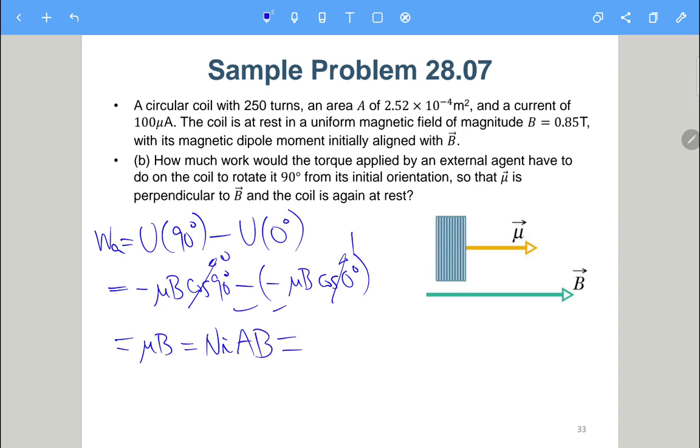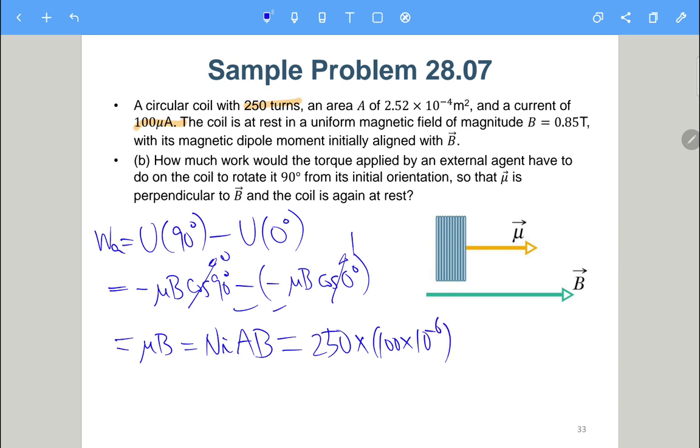So N here, at the very beginning, is 250 turns, times I, which is 100 microamps, 100 times 10 to the minus 6.